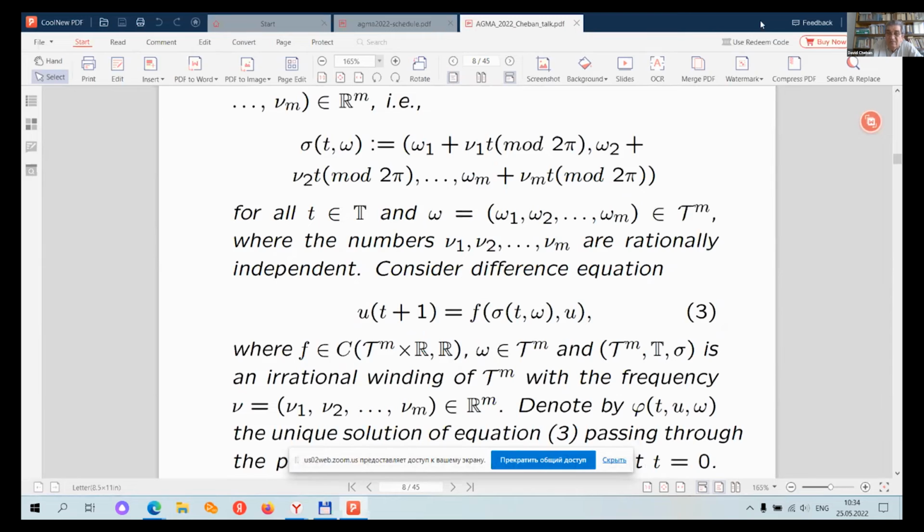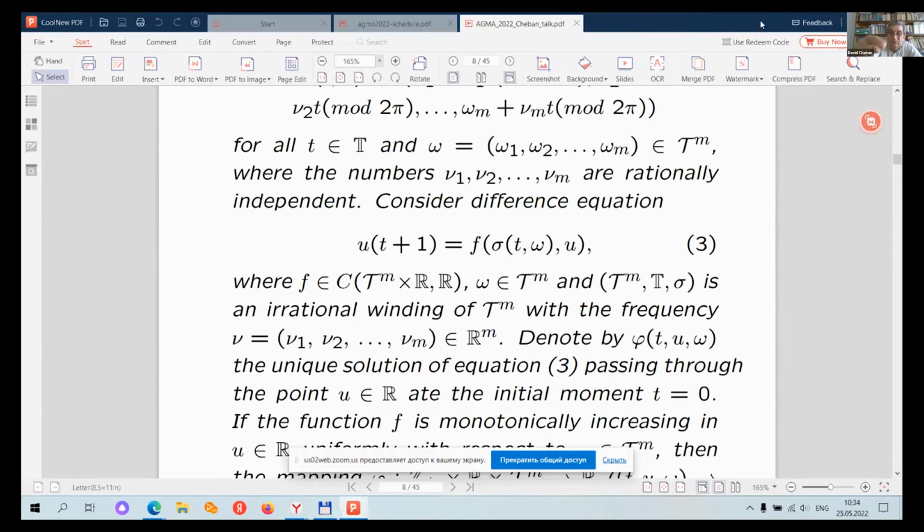And now consider a particular case of the difference equation, namely equation 3, where function f is defined on the torus with respect to the first variable, and with respect to the second variable u belongs to R and takes real values.